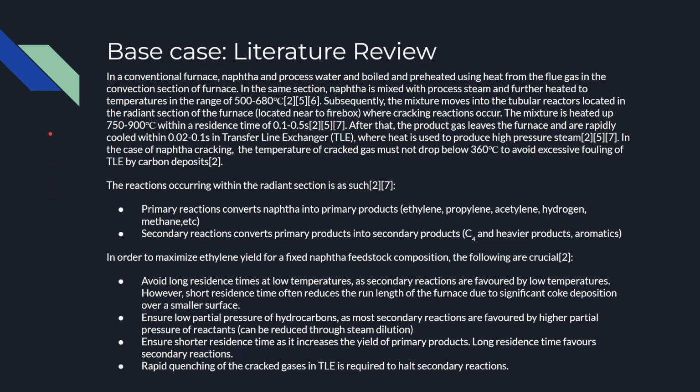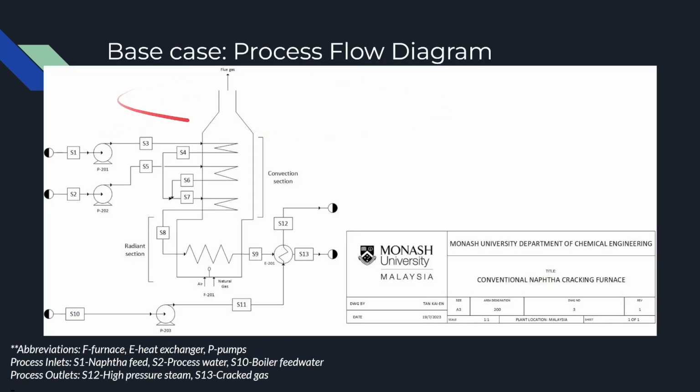The main compartments of the cracking furnace are the convection section and the radiant section. The combustion fuel used in the simulation is natural gas, and as seen in the process flow diagram here, the naphtha stream and the process water used to dilute the naphtha stream are boiled and preheated in the convection section of the furnace, which is then mixed together before it is preheated again and transported into the radiant section of the furnace, where the main reaction would occur.